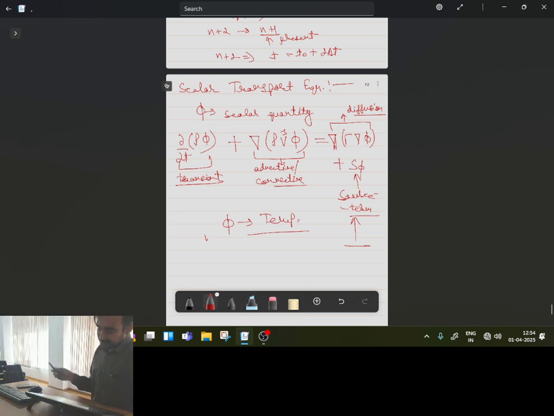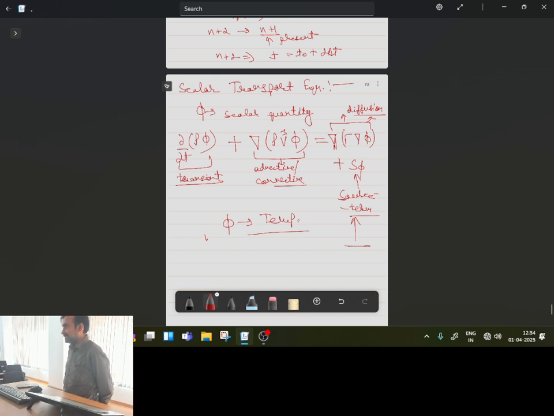So that effect is actually called the diffusion effect. Whenever your fluid medium is stationary, and in that stationary medium any quantity is propagating because of the transport property of that material, that quantity is called diffusion.